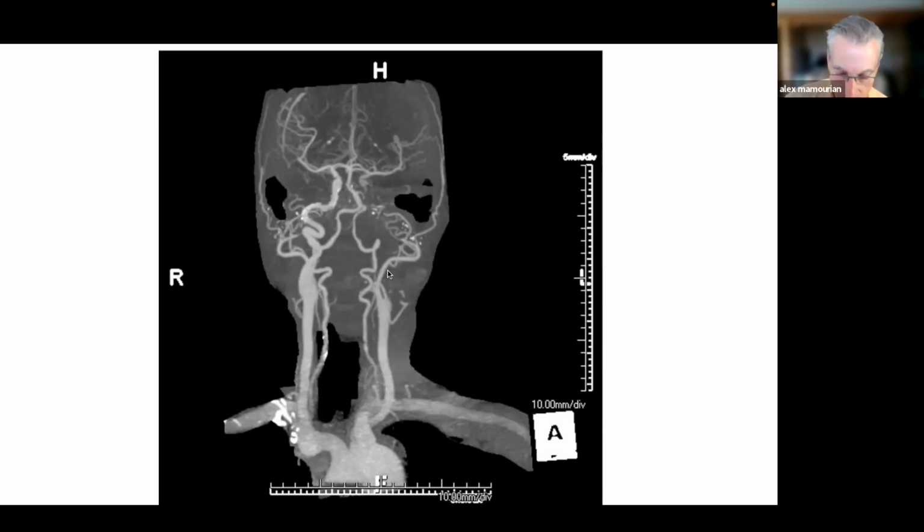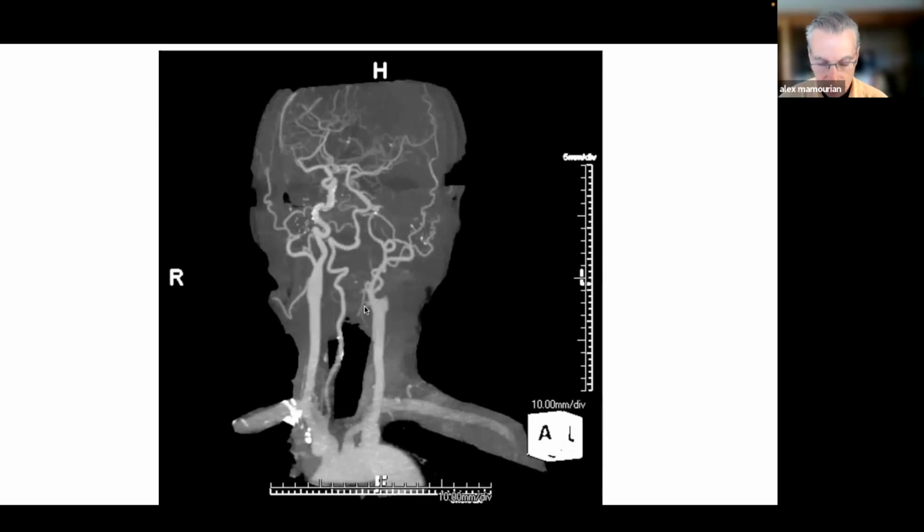Now on this side, there's no internal carotid artery, and yet you see the cavernous carotid here, you see the A1 segment here, and we have filling of the MCA here. So this patient is getting sufficient collateral flow, in this case by way of the circle of Willis, that vascular supply is provided to this contralateral hemisphere in spite of the loss of the internal carotid artery.